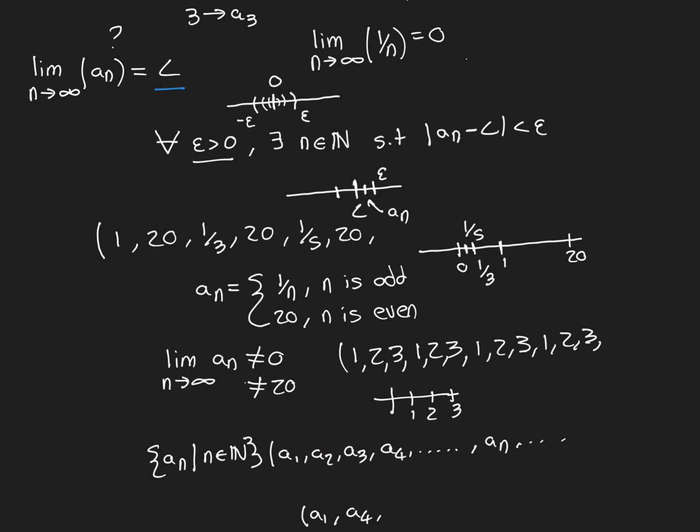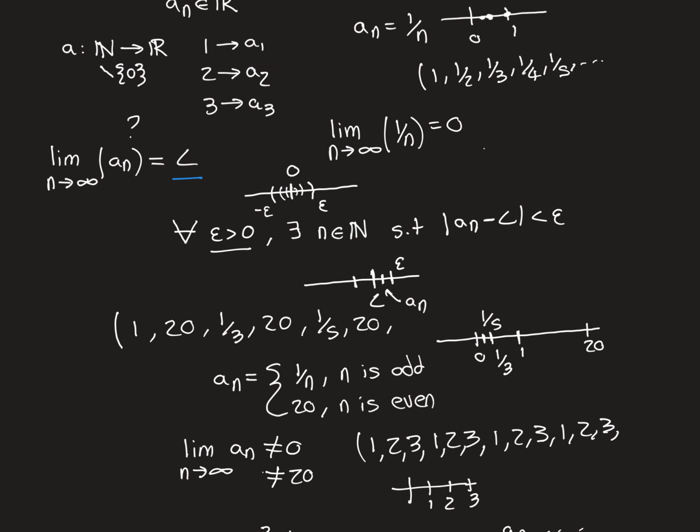Now, why did I even bring this silly sequence up in the first place? Well, the problem is it highlights what's wrong with my attempt at a definition for what is meant by convergence to a limit, because it would satisfy this.